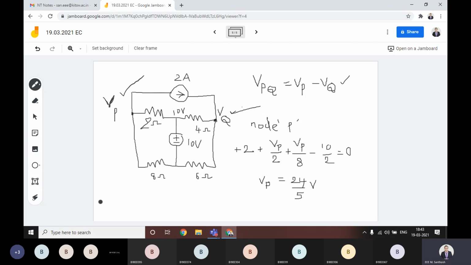And similar kind of equation you have to write at node Q. If you write at node Q, the equation will be this one.